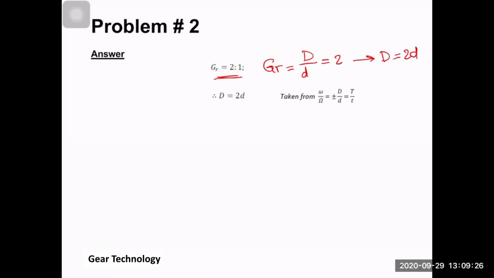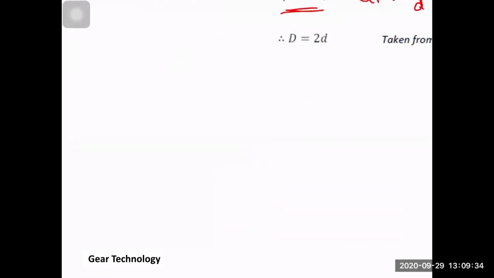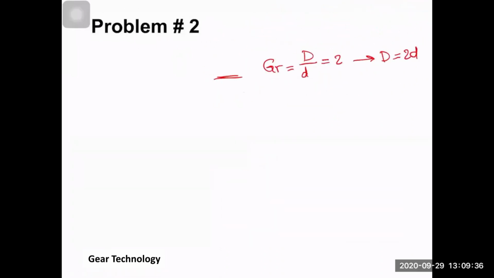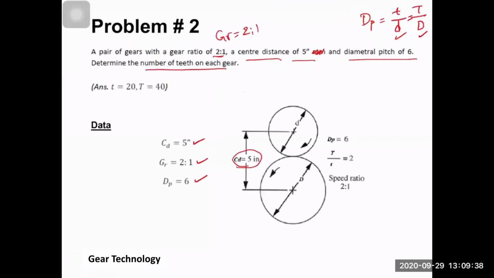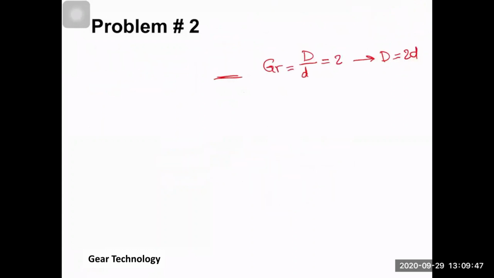The second step is that the definition of the center distance itself is equal to, if I just go back, the center distance is equal to the radius of the pinion plus the radius of the gear, of the pitch circle. So in this case, the center distance is equal to capital D plus small d over 2.